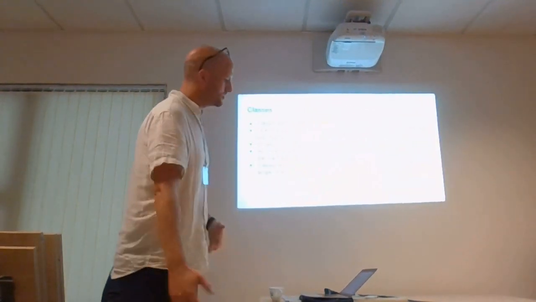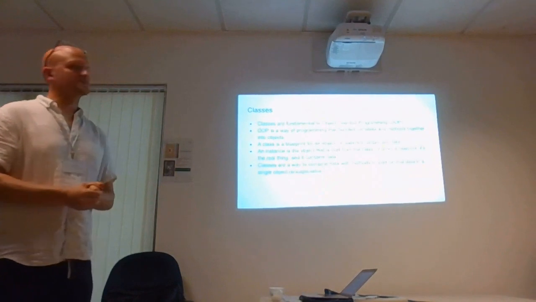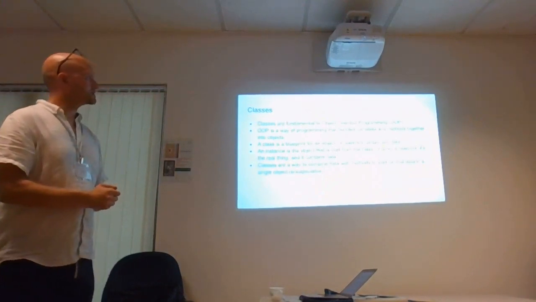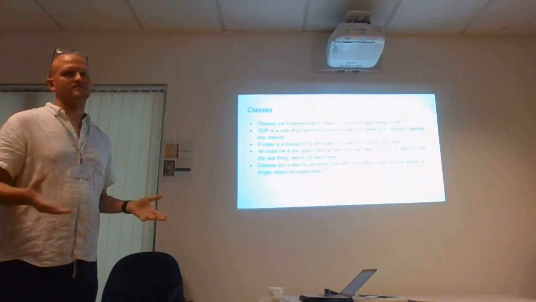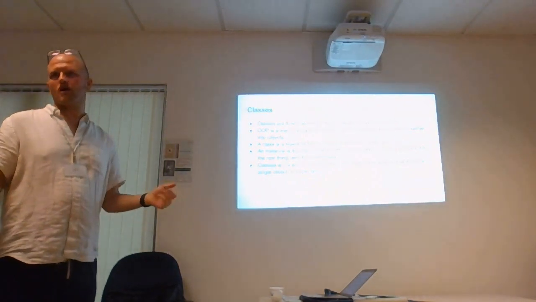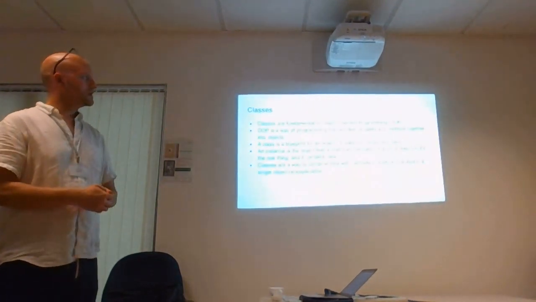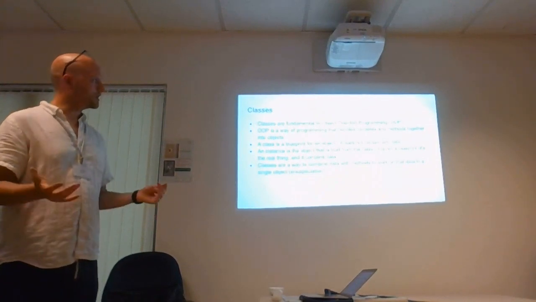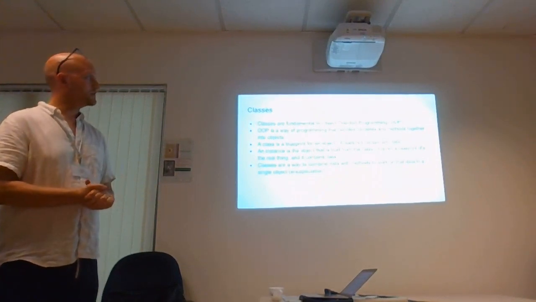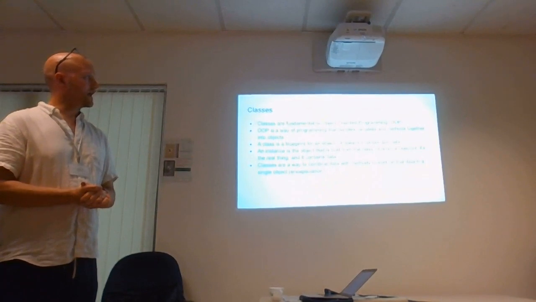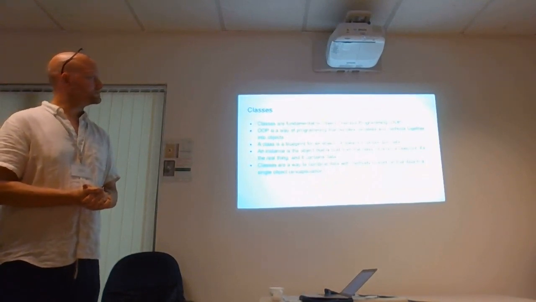Okay, so what's the alternative to this? The alternative is classes. So classes are fundamental to a paradigm of programming called object-oriented programming, which is very popular, very common in software engineering.